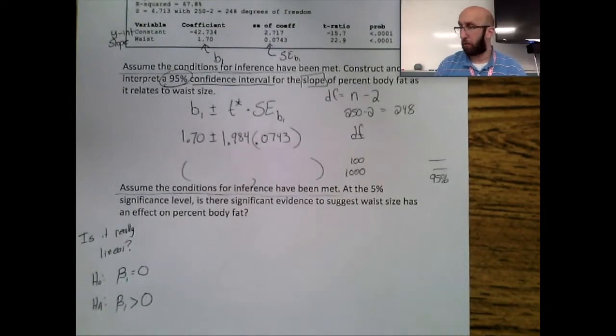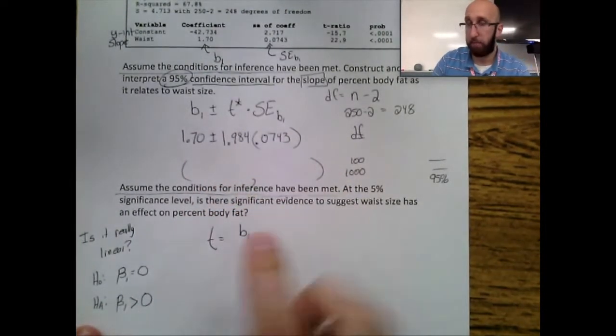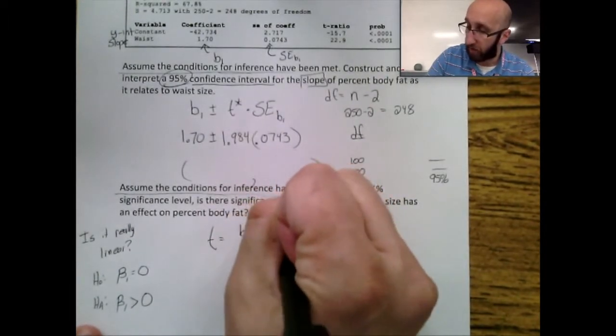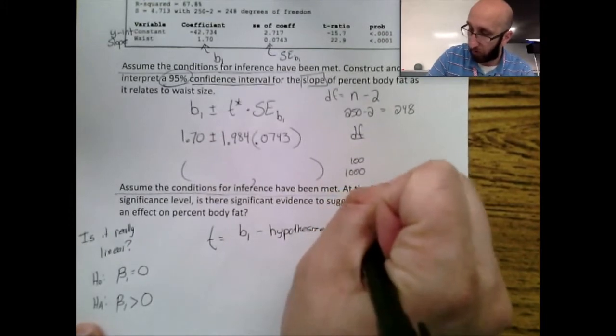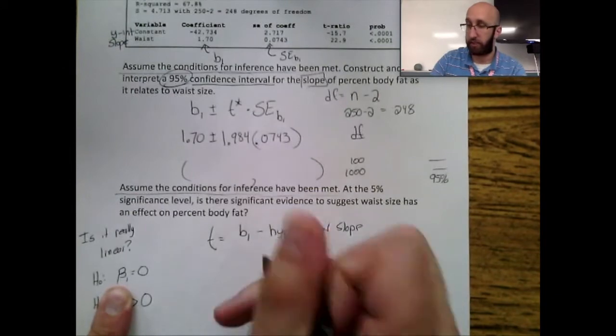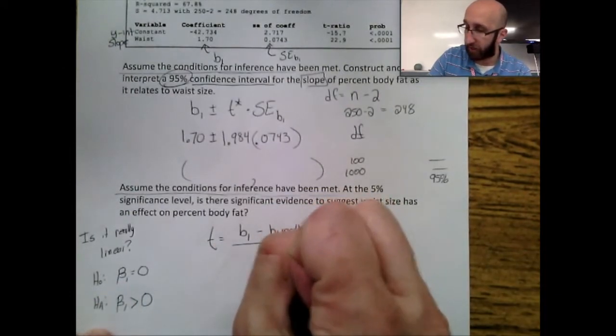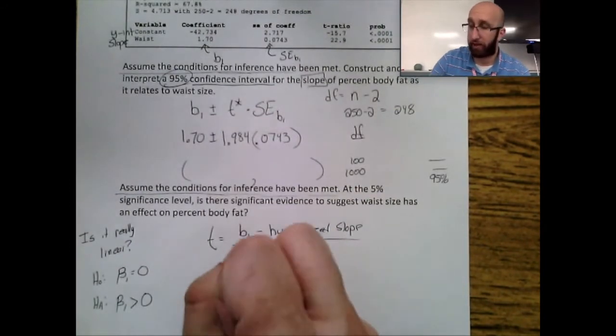So there is a whole formula for this. t equals b1, my sample slope, minus my hypothesized slope, which we're assuming, like your population slope, is 0. This is traditionally 0. And we're going to divide it by the standard error of b1. So we actually have a lot of this information all together, but this problem's even easier than that.